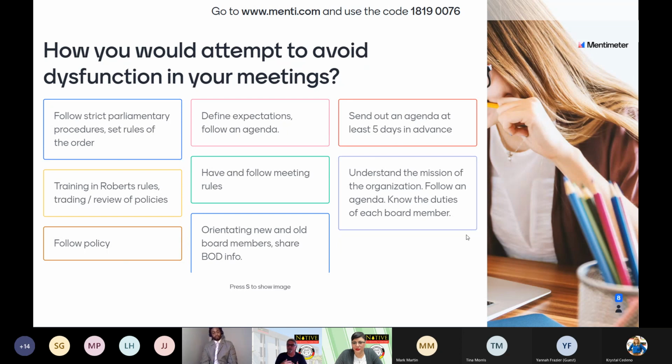And Darlene, refer to policy when in doubt, always. And hopefully you have a policy to refer to. Let me give you a little heads up. If you've ever had a program review or an audit, the first thing the program reviewer or the auditor is going to ask for are your policies and procedures, your bylaws, and the minutes from your meetings, to make sure that you have policies in place and that you follow them.